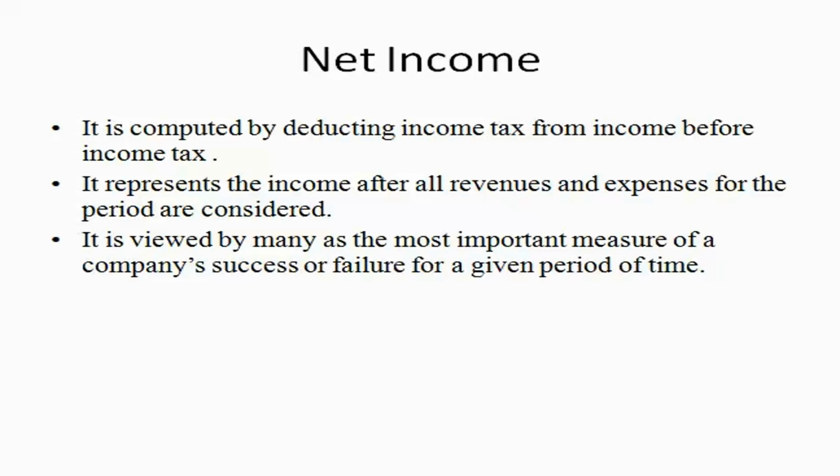It is viewed by many as the most important measure of the company's success or failure for a given period of time. So many people see it as the most important measure, which tells whether the company succeeded or not during the past period.